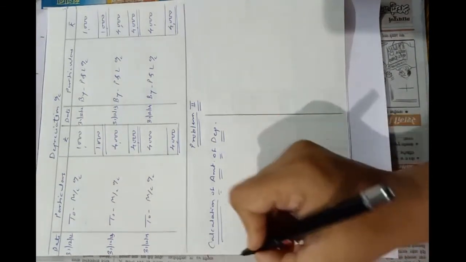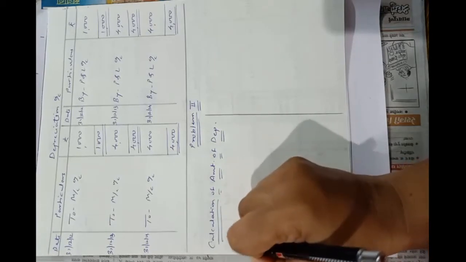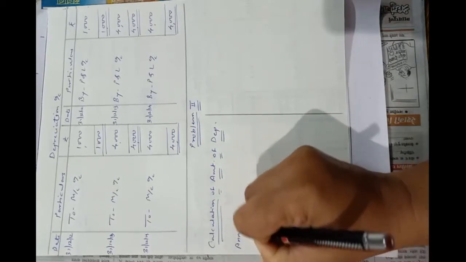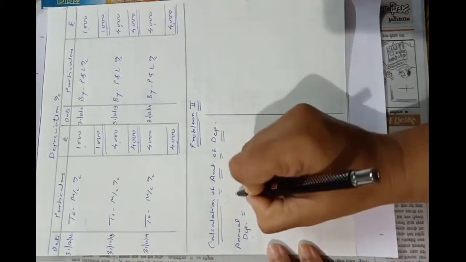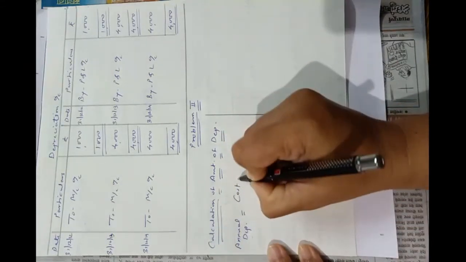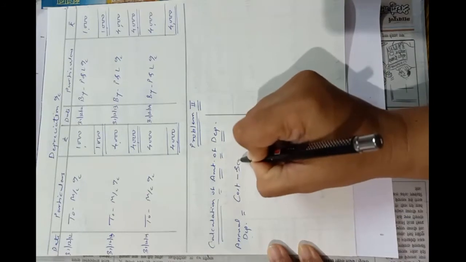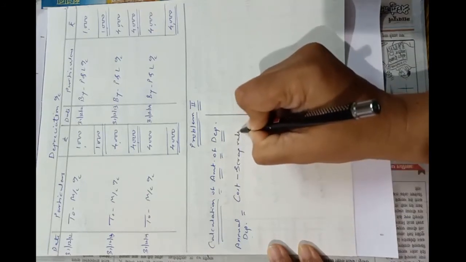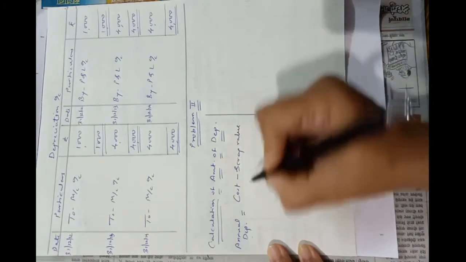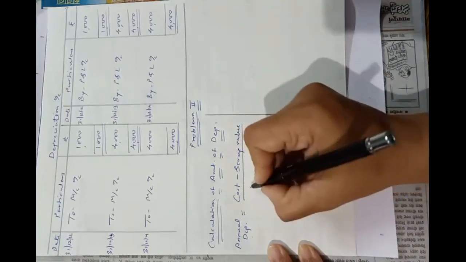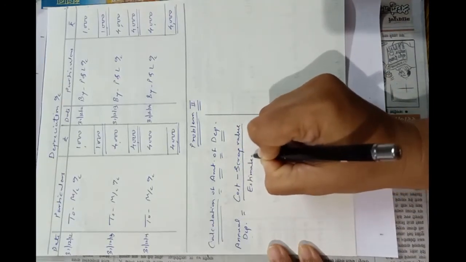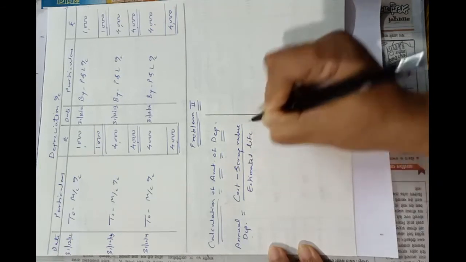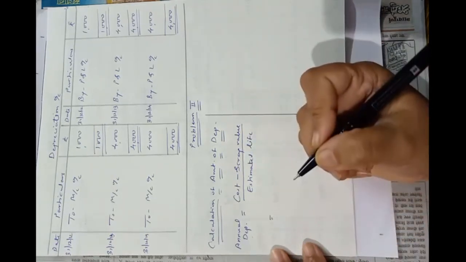So the formula is annual depreciation is equal to, annual means depreciation per annum. Okay, depreciation is equal to cost of the asset minus scrap value, that is estimated scrap value given in the problem, divided by estimated life, means lifespan of machinery given in the problem.